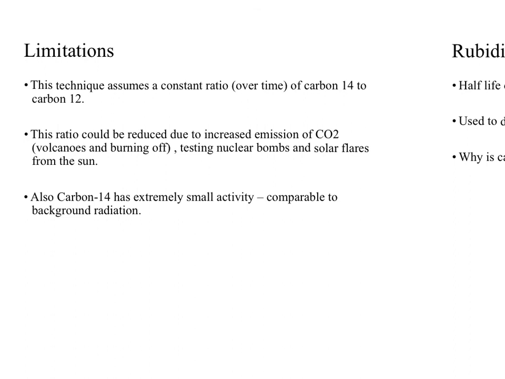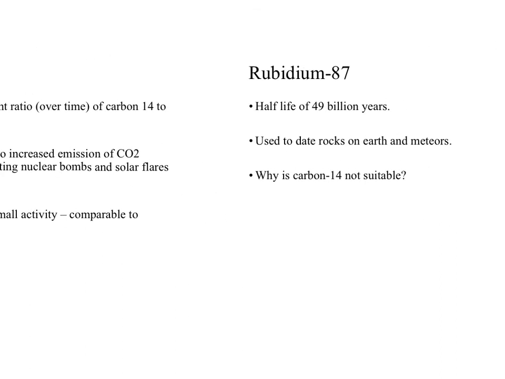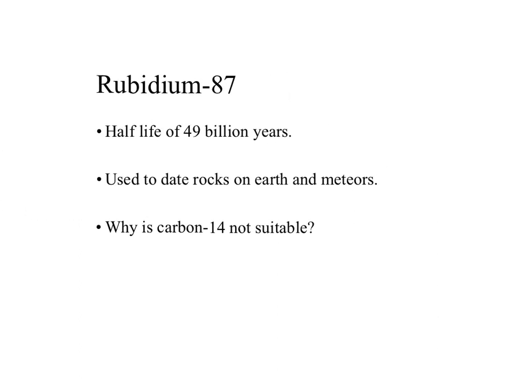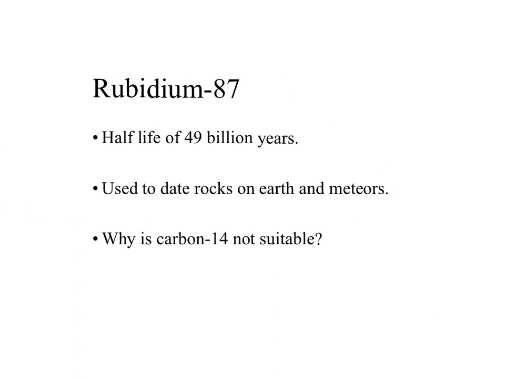So what do we use instead? Geologists use the decay of rubidium-87, whose half-life is longer than the age of the universe, which by the way is assumed to be roughly 14 billion years. We will actually calculate it ourselves as well, but as a rough estimate, it's about 14 billion years.